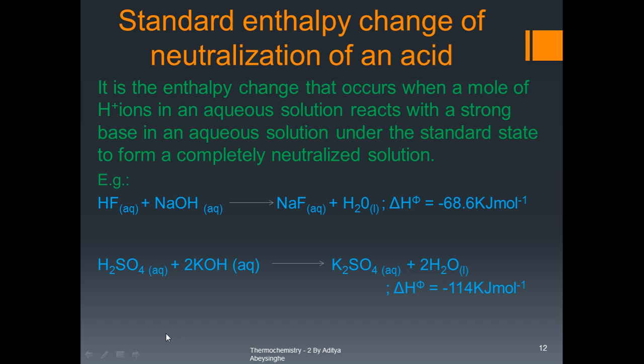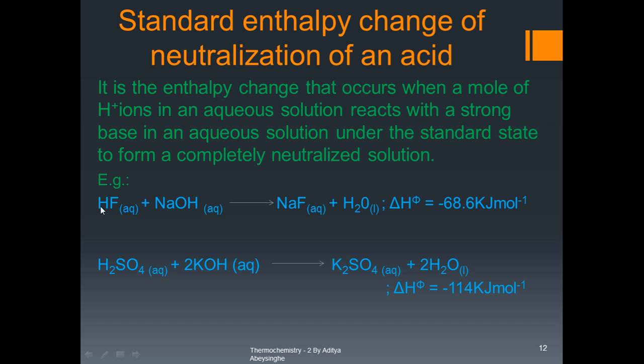In the case of the standard enthalpy change of neutralization of an acid, it's the enthalpy change that occurs when a mole of H plus ions in an aqueous solution, which should involve an acid because it provides H plus ions or hydrogen ions, reacts with a strong base in an aqueous solution under the standard state to form a completely neutralized solution.